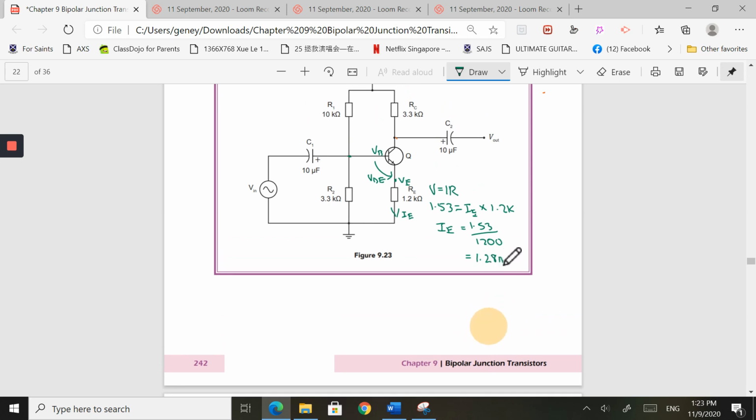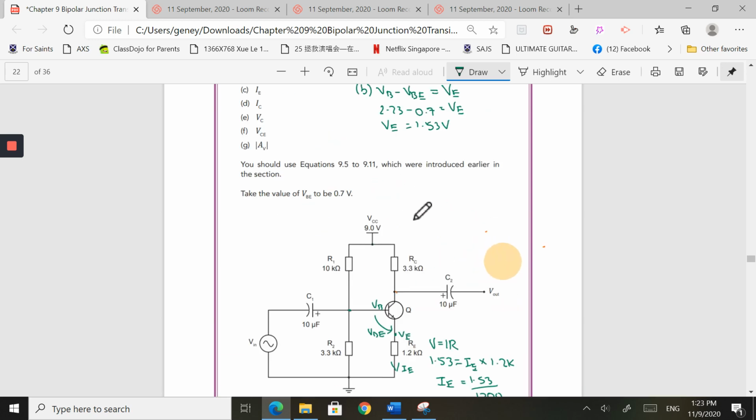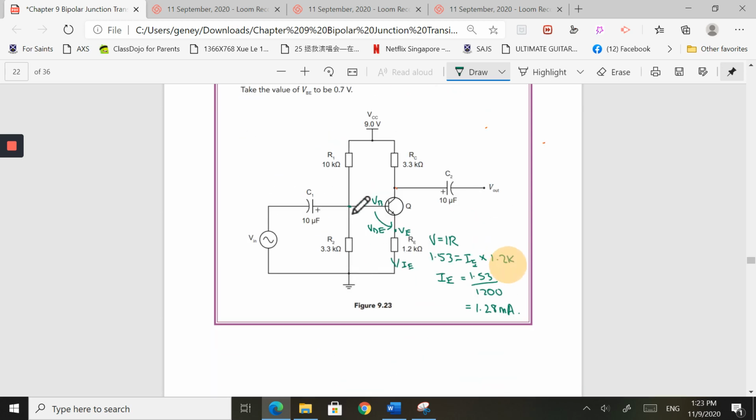So you see that it's just a very natural progression. The way they ask the values that you need to find, it's a natural progression to get from here to down here to down here. So long as you don't miss a step and you use your basic Ohm's law and Kirchhoff's voltage law, you will be able to find out the values step by step.